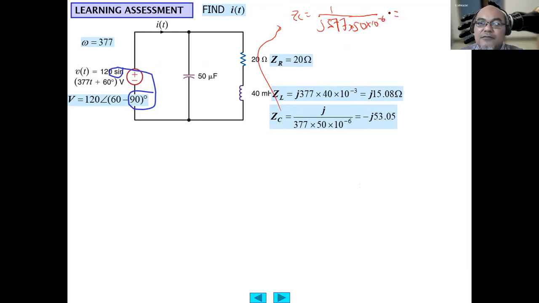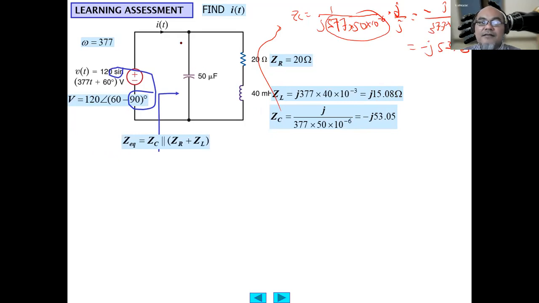If you multiply by j over j, j times j becomes negative, so it is negative j divided by this value, and this value is 377 times 50 times 10 to the power of minus 6. Basically we will have minus j 53.05.